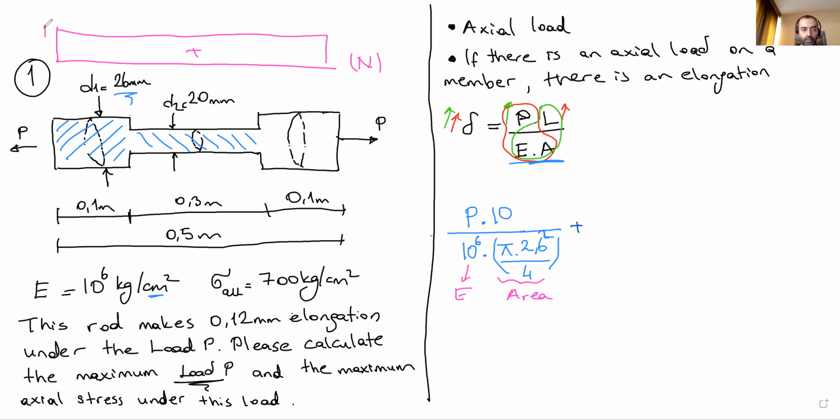The P is constant everywhere, all along our member. Okay, let's write it here. The P again, P times total length. Total length of this portion is 0.3 meter. It's 30 centimeter over E times area. Pi times 2 squared over 4. Okay. This is the area again.